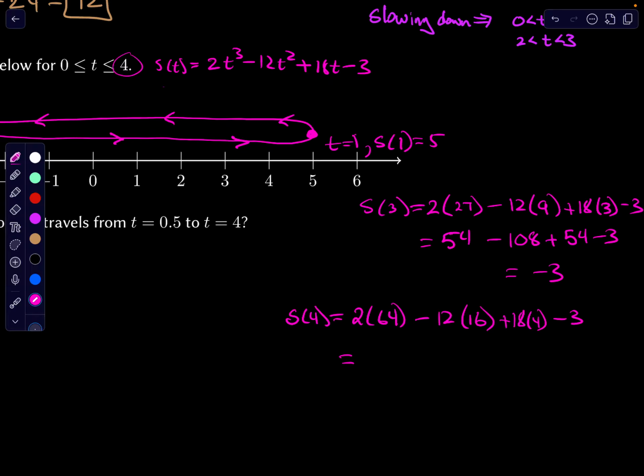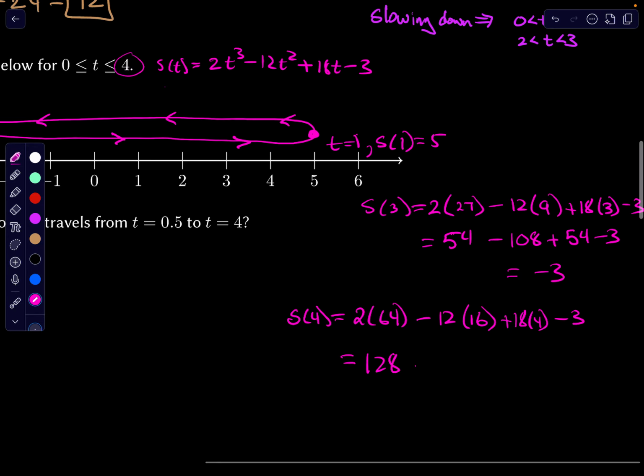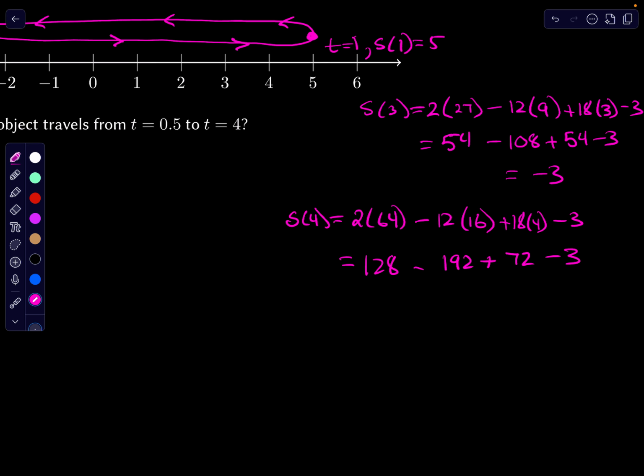Okay, so s of 4, 2 times 64 is 128. 12 times 16 is 192. 18 times 4 is 72. So 128 plus 72 is 200, minus 192 is 8, minus 3 is 5.